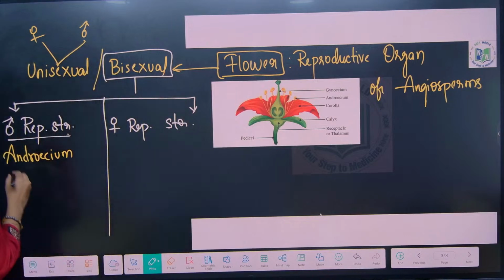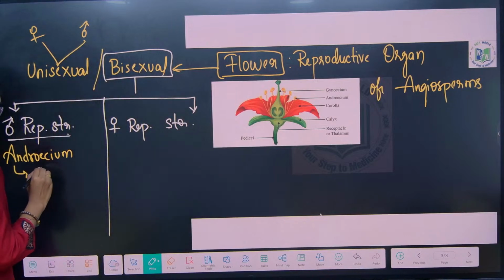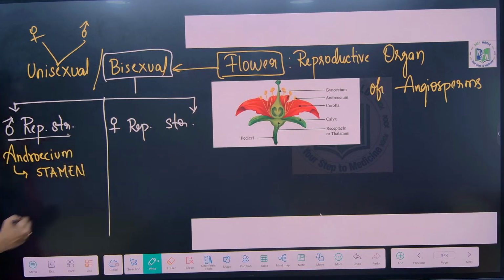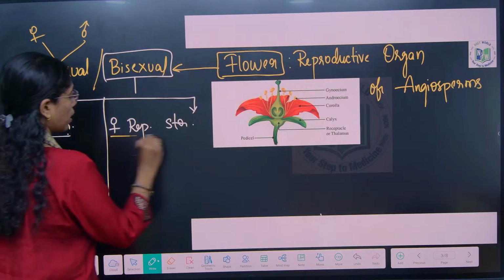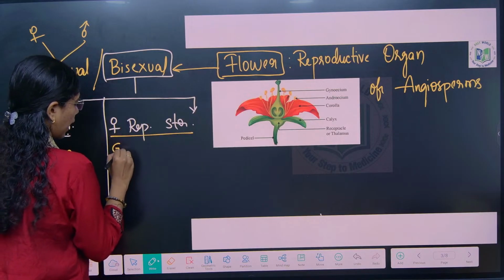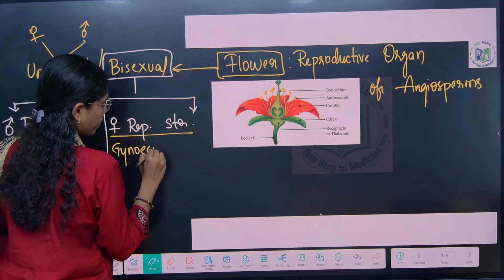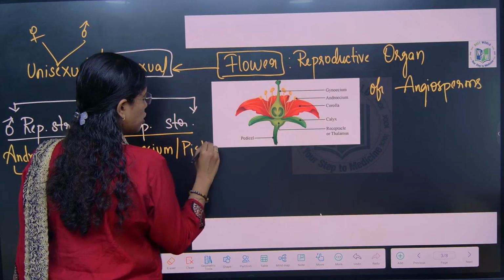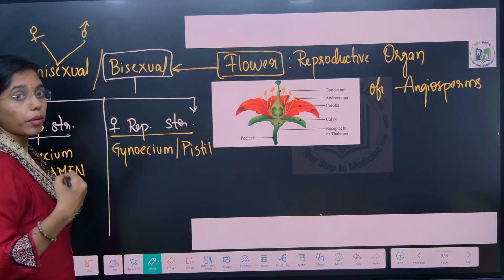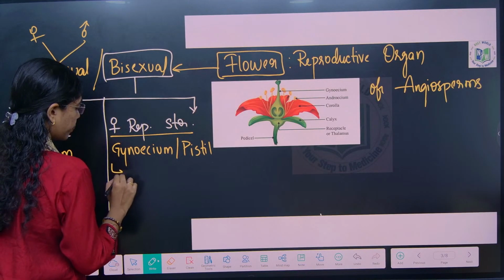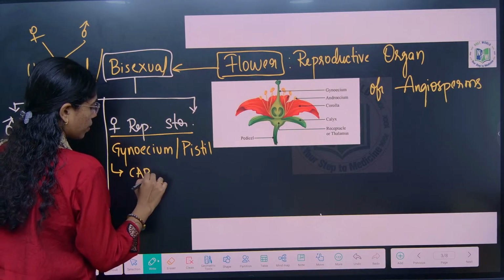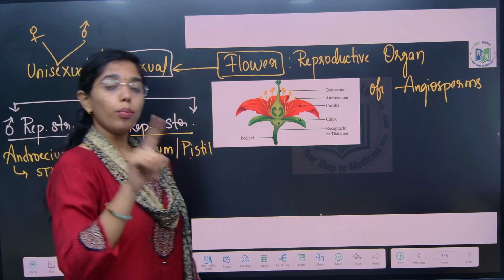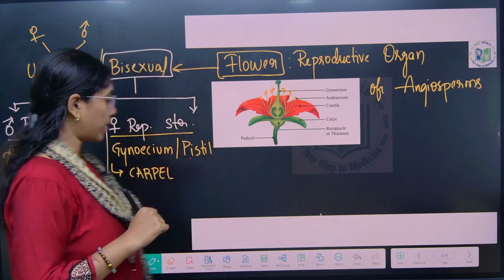So, the unit of androecium is stamen. Female reproductive structure is addressed as gynoecium, which is also known as pistil. The unit of gynoecium or pistil is carpel. Means a pistil or gynoecium can be monocarpellary, multicarpellary.